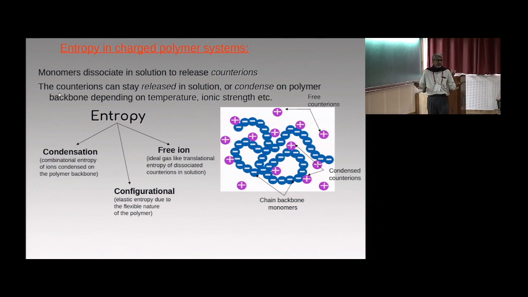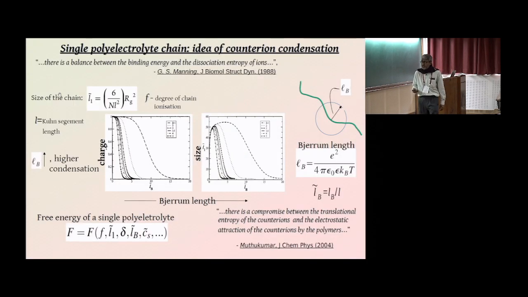Complexation means when two oppositely charged polyions come into the picture. So these are pretty standard results. What people see for a single chain system is this: if you increase the Bjerrum length, which is the competition between the thermal energy and the electrostatic energy between two elementary charges, the length scale that determines that, then the Coulomb strength, the effective electrostatics, increases.